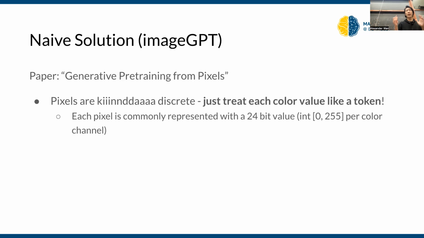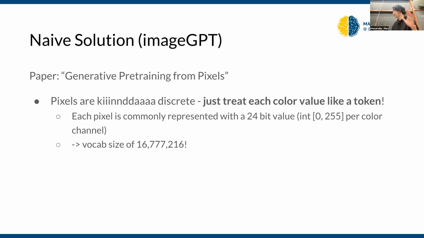Each pixel is represented with 256 values per color dimension. But that means that you have this huge vocab size of 16 million. You might have your image that's 256 long, and each pixel value is a token.